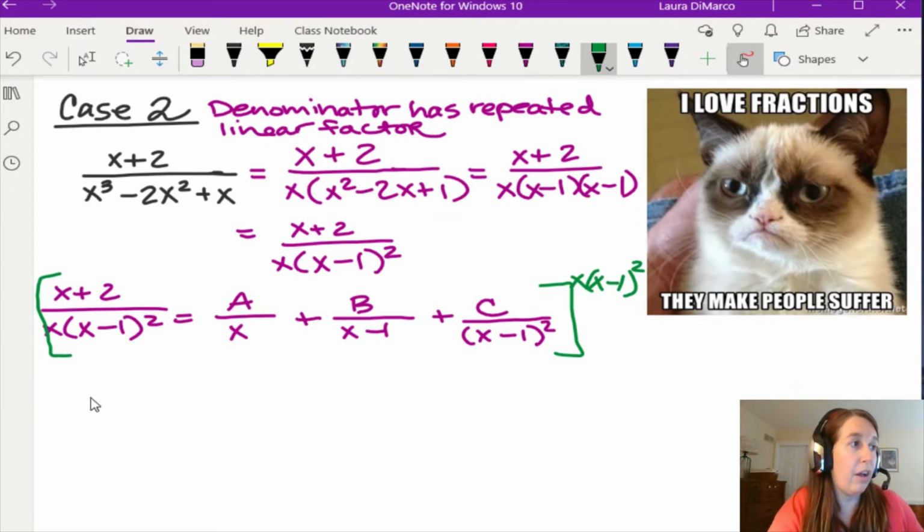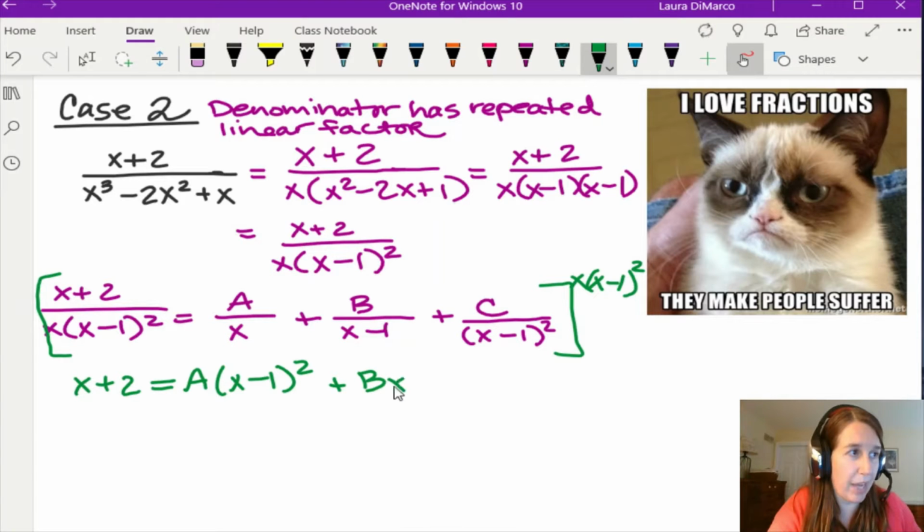On the left, that gives us x plus 2. On the right, each one takes out part of the denominator. So A times x minus 1 squared plus B times x and x minus 1, and then C, and the x minus 1 squareds are both gone, so it's just Cx.